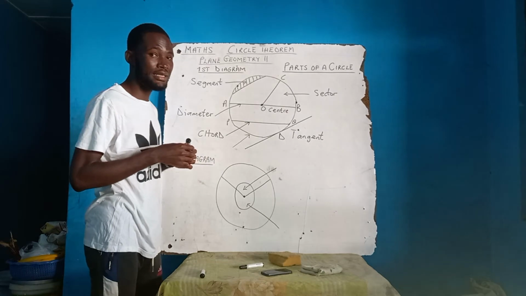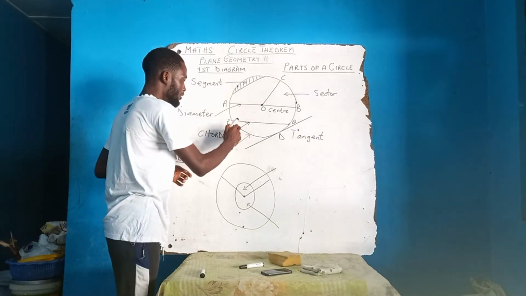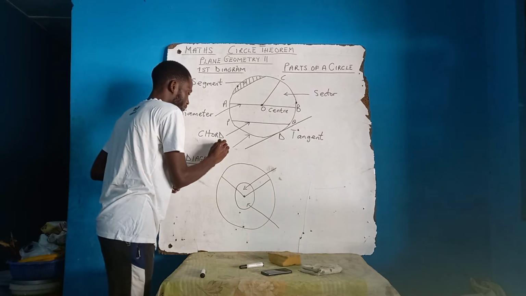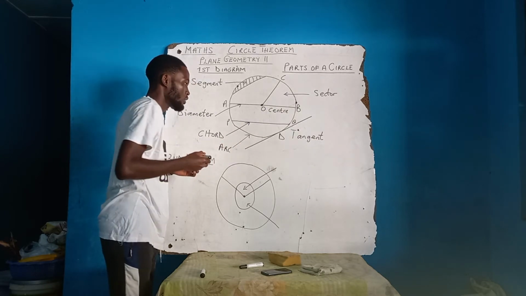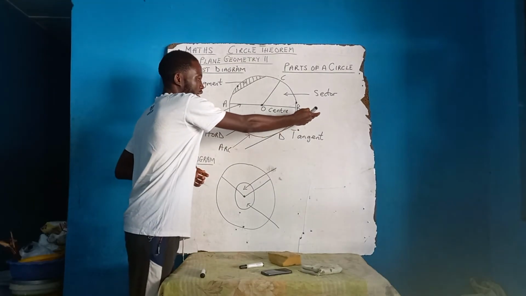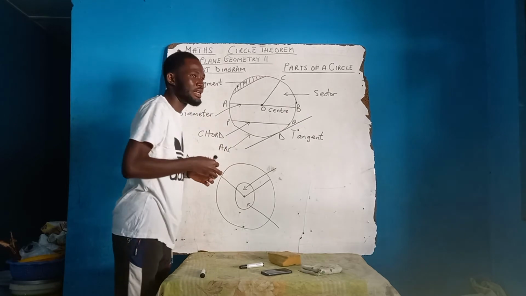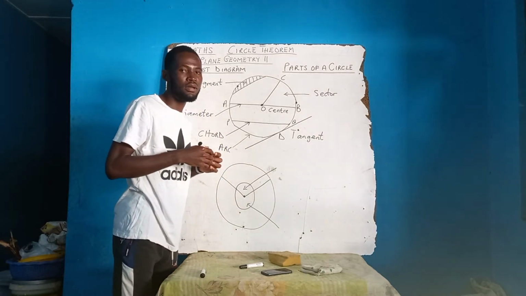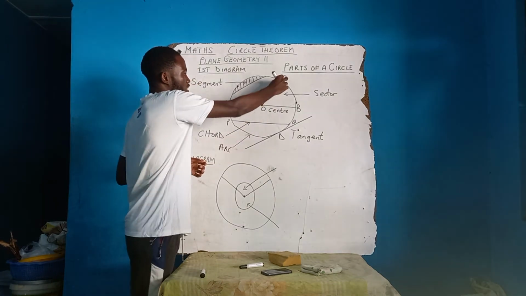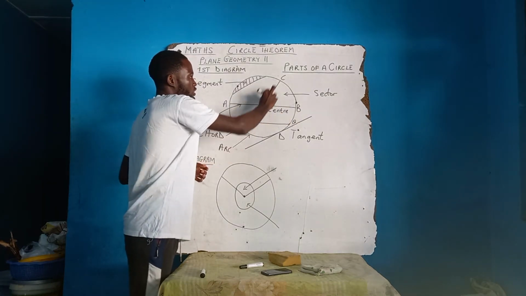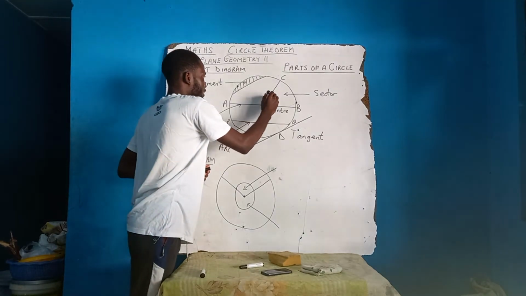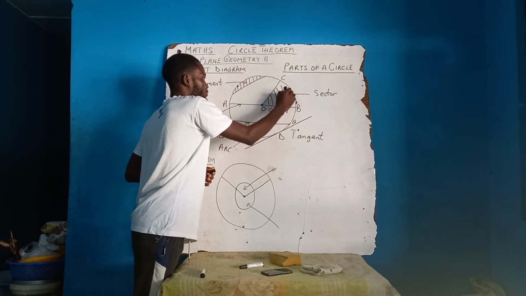And just like I stated, below our line PQ we have our arc. And then we have our tangent, which is an outside line touching a part of the circumference of a circle. And angle COB or BOC gives us our sector. So our sector is this region.